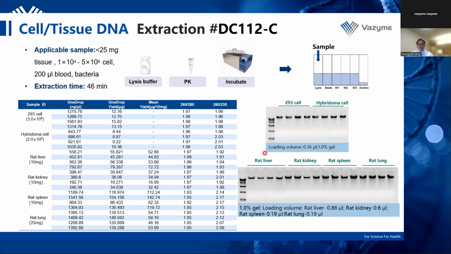On the left side, you can see the DNA yield result from different samples. The OneDrop readings, or NanoDrop, show consistently high DNA concentrations.